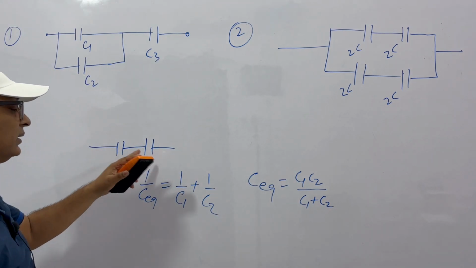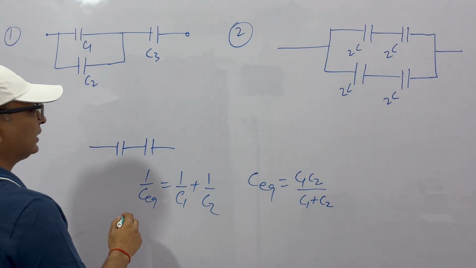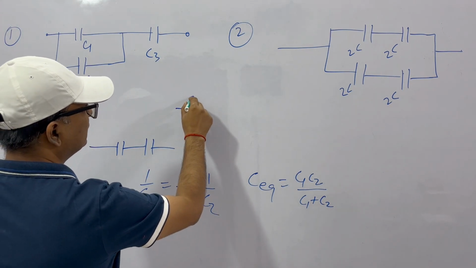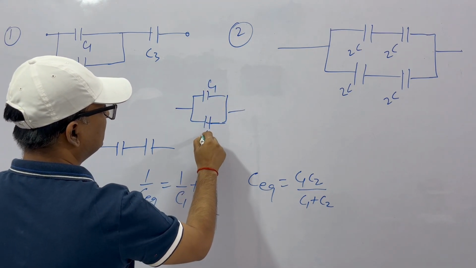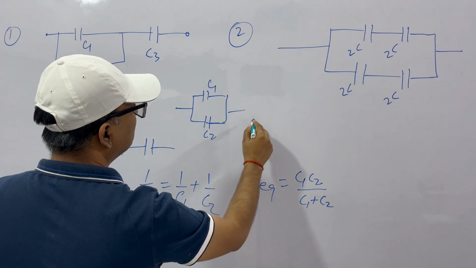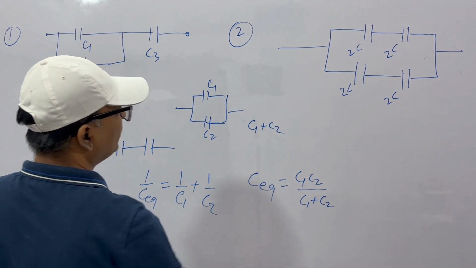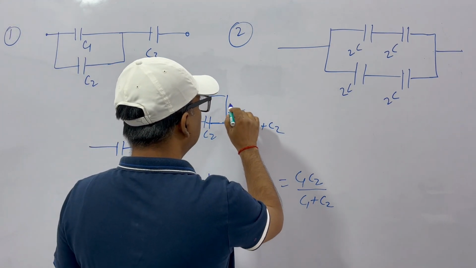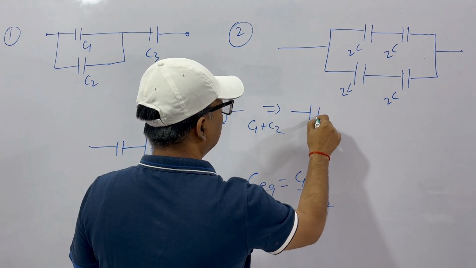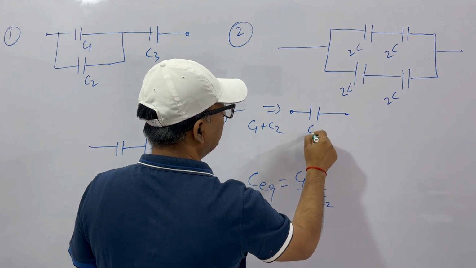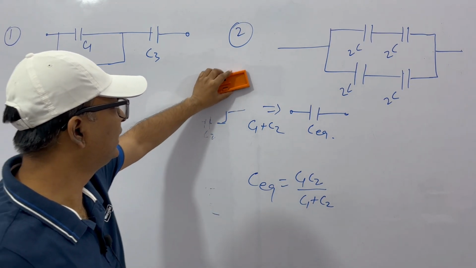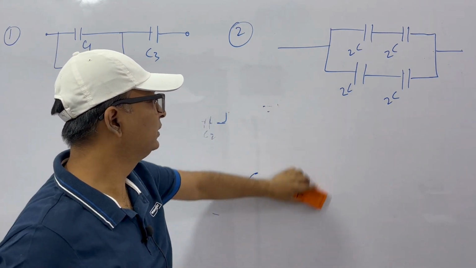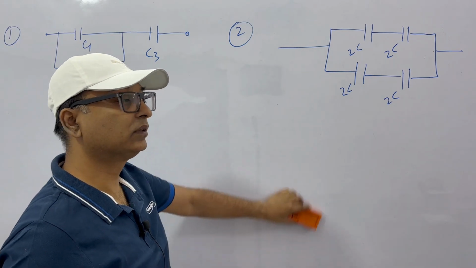This is when capacitors are in series, and when capacitors are in parallel like this, C1 and C2, the equivalent capacitance is C1 plus C2. Equivalent capacitance means in place of this you can have this capacitance, which is C equivalent. Okay, so let's find out the equivalent capacitance of some combinations of capacitors.